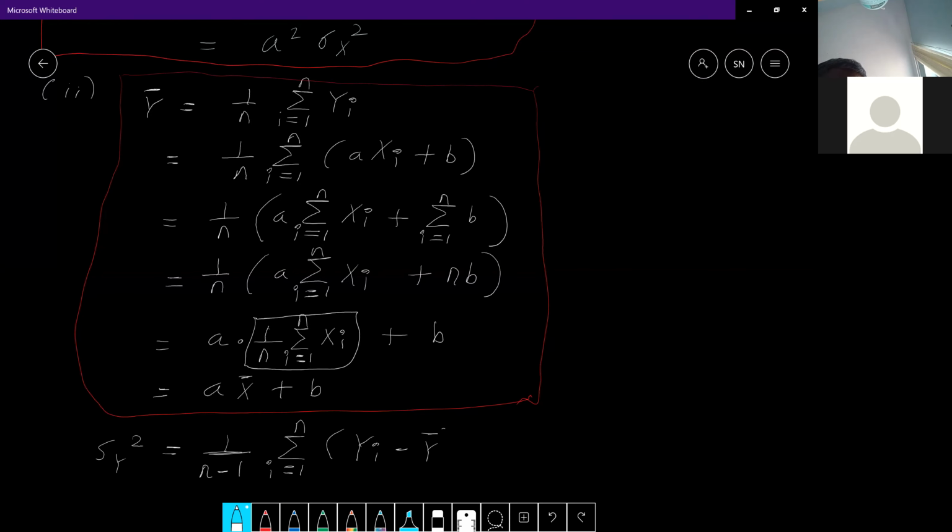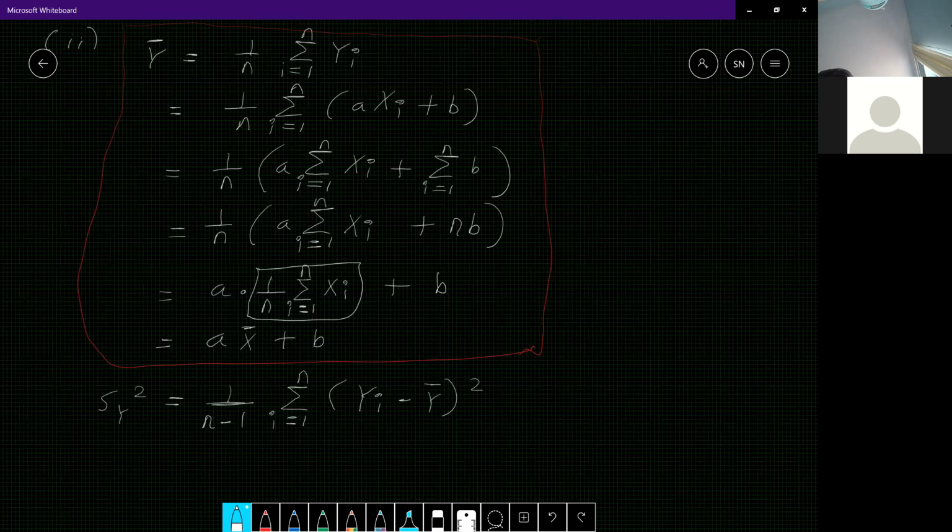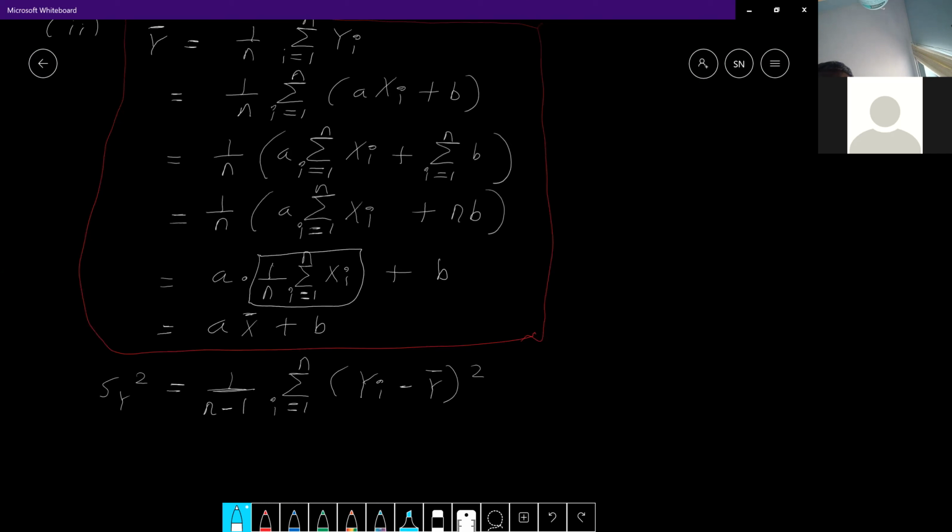This you can write as 1 over n minus 1 times the sum of yi minus y bar, all squared. Here yi is axi plus b, and y bar, we just showed, is a x bar plus b, so y bar is this.